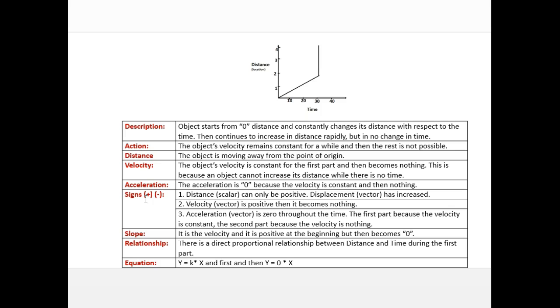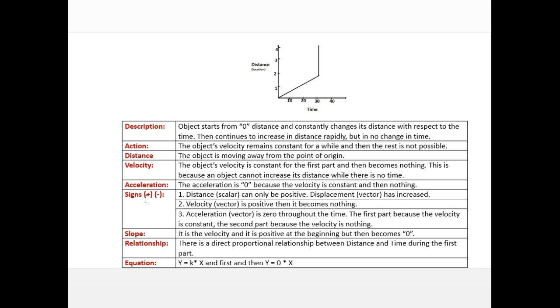Alright, velocity is positive, and then it becomes nothing. Acceleration is 0 throughout the entire period. In the first section, because the velocity is constant. In the second section, because the velocity is nothing. So the velocity is positive, and then becomes 0, or nothing.